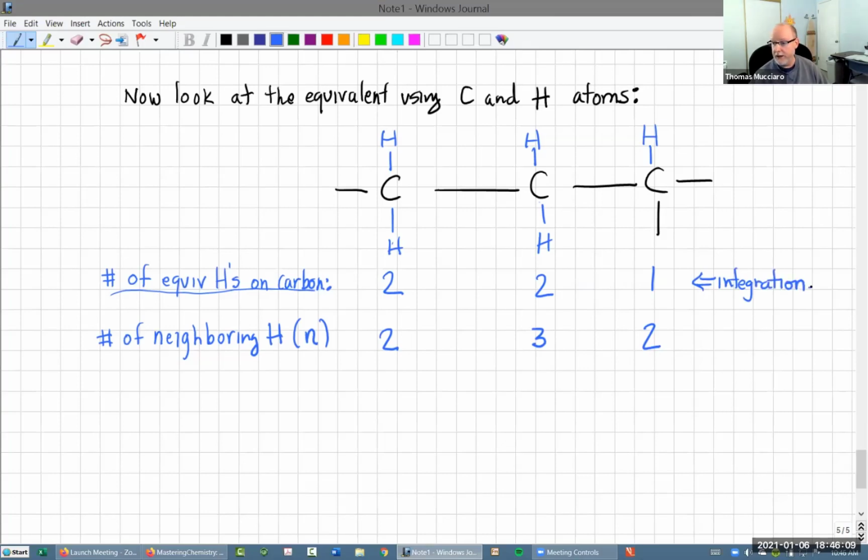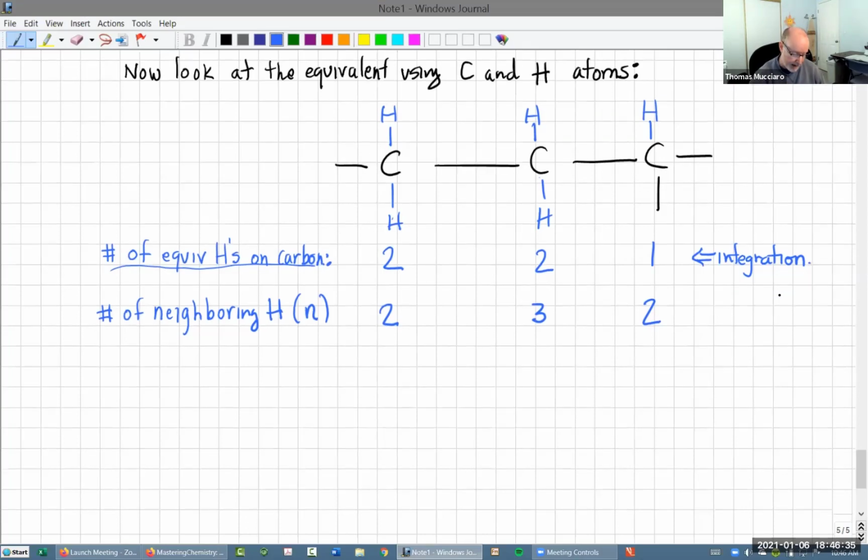We said integration tells us how many equivalent hydrogens there are in a group of equivalent hydrogens. So in the majority of cases, that's just how many hydrogens are attached to this carbon, as different from the number attached to that carbon. How many hydrogens living on that carbon.